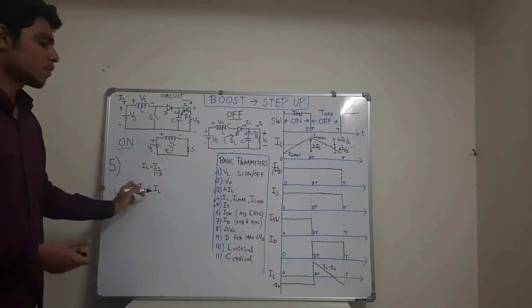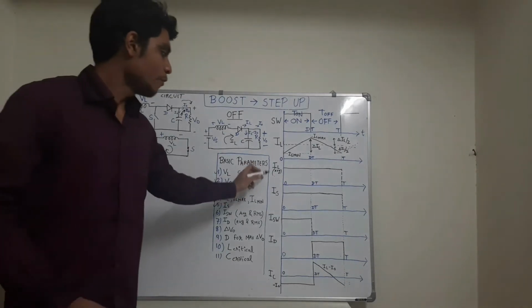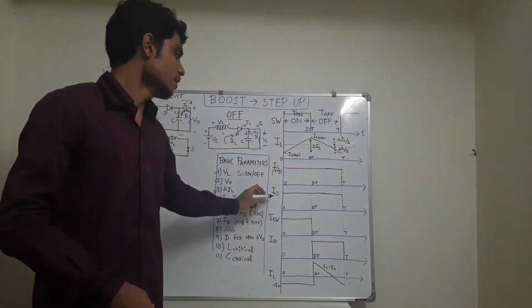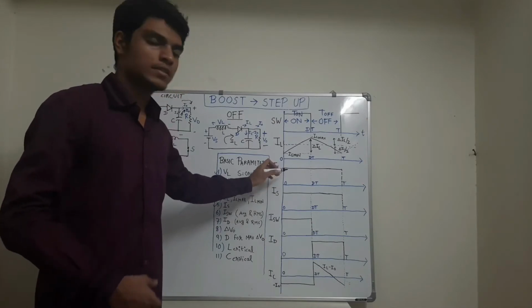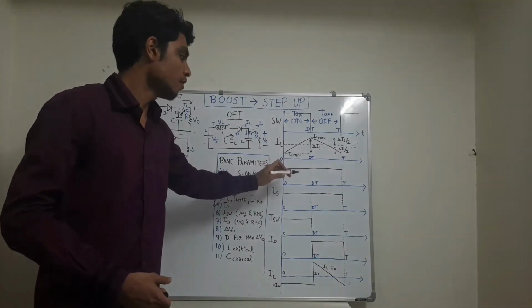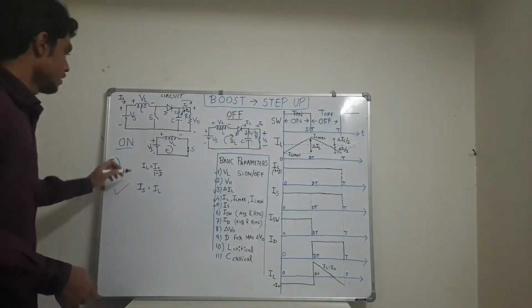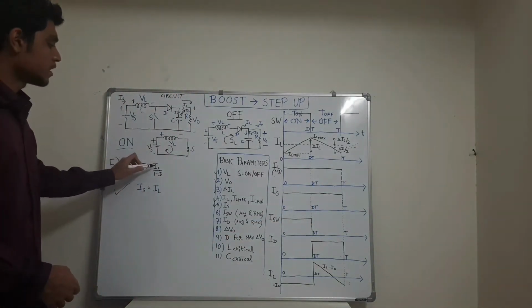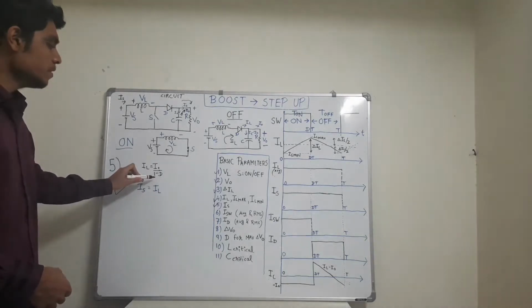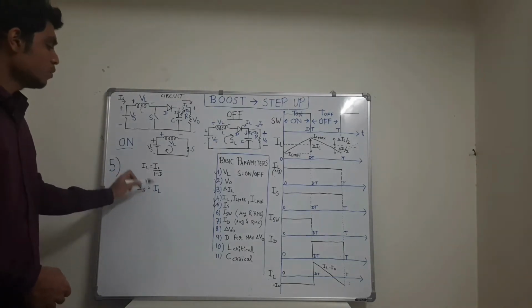Therefore, Is is equal to IL, and the waveform we can also see here. The IL waveform is the same waveform as Is for 0 to T. And the value of IL is equal to I naught upon 1 minus D. So Is is equal to IL.